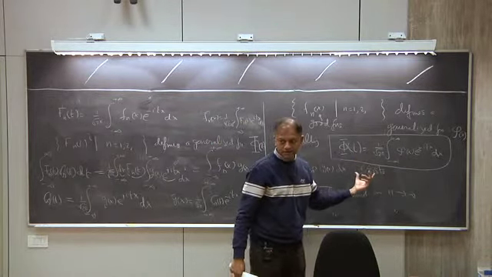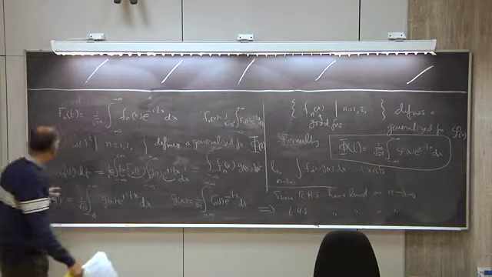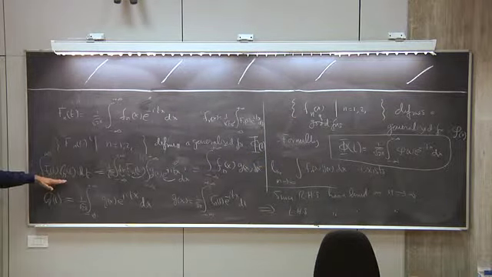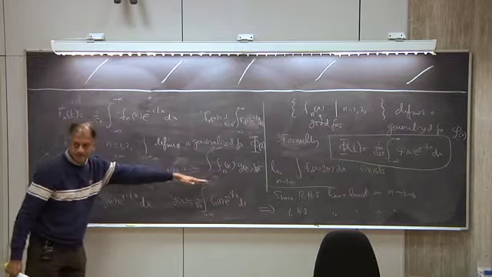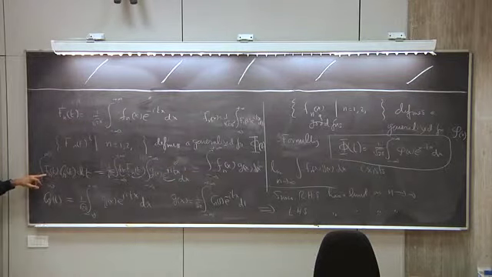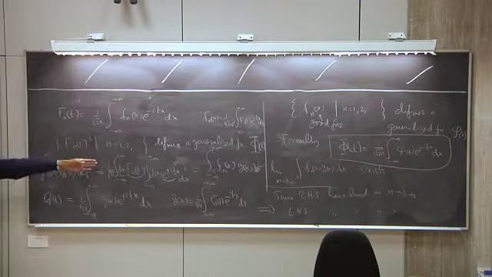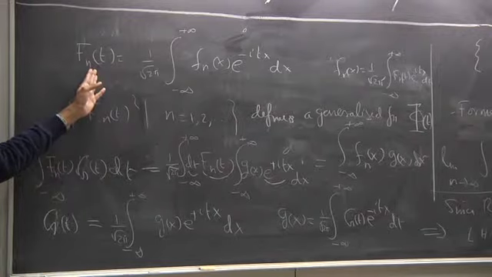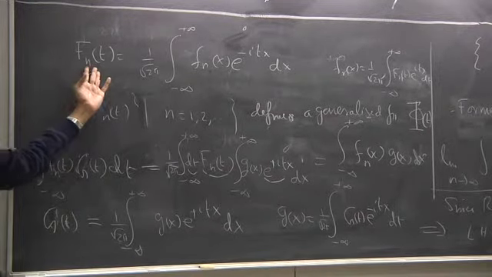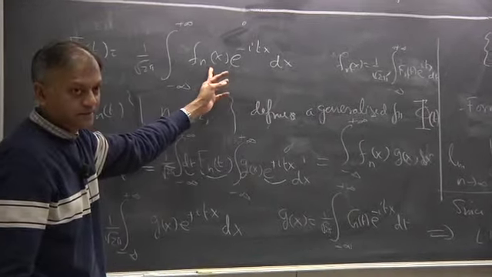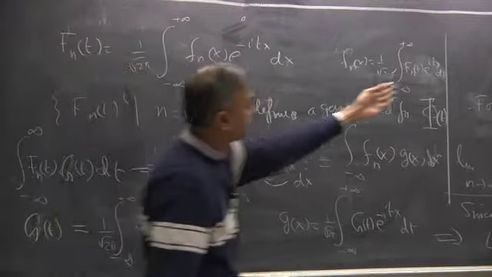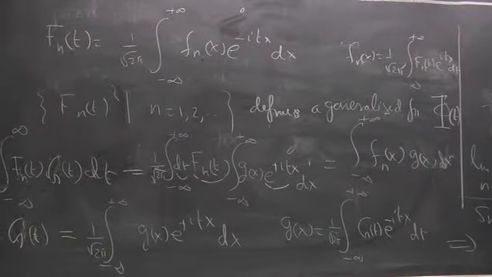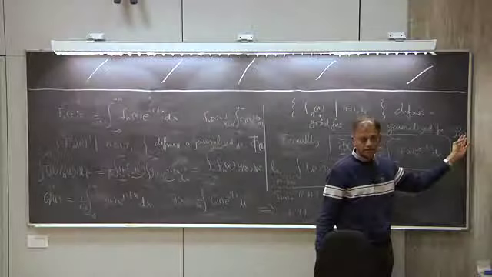Here the two things are exactly on the same footing. You take the inverse Fourier transform of capital Fn, that gives you little fn anyway, because the capital Fn's are good functions. So if you take the inverse Fourier transform, you will get back that, and those little fn's of course define the generalized function phi x.